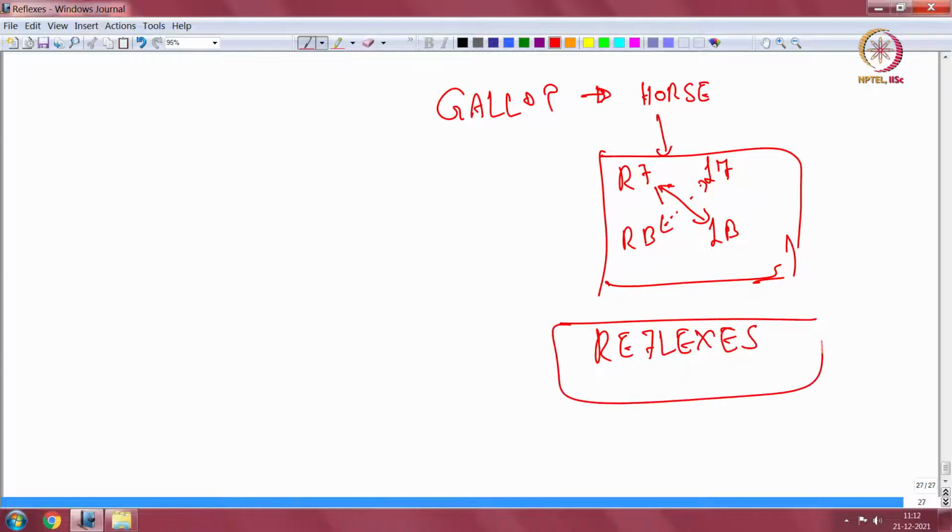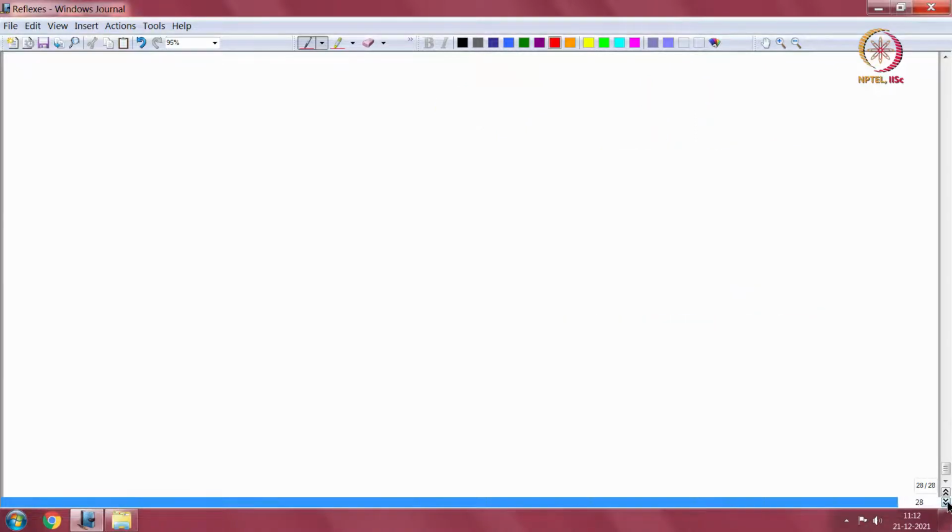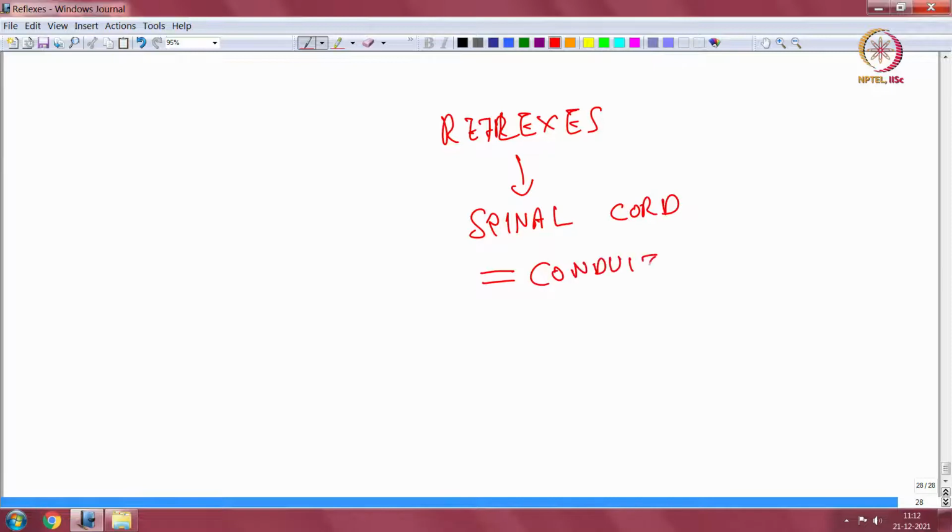Now, at the end of this discussion, I would like you to conclude that the reflexes so far discussed are completely confined to the spinal cord. So, the spinal cord is not just a conduit for messages which are generated in the brain and transmitted to the other parts of the body.